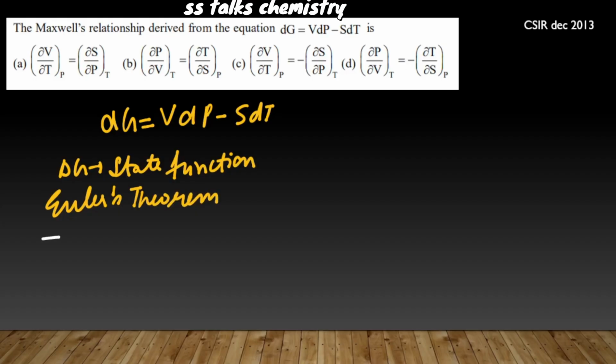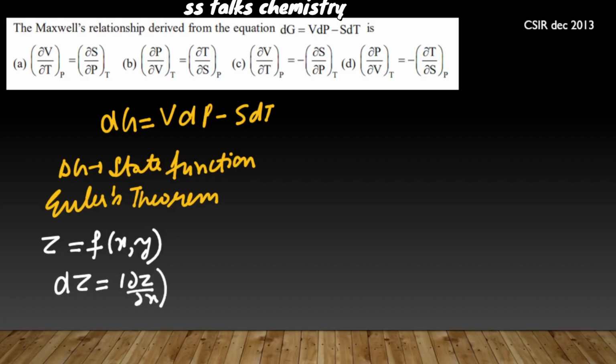If you have a z value which is a function of x and y, the exact differential for this can exist because of it being a state function. So dz in this case is equal to del z by del x at constant y into dx, plus del z upon del y at constant x into dy.